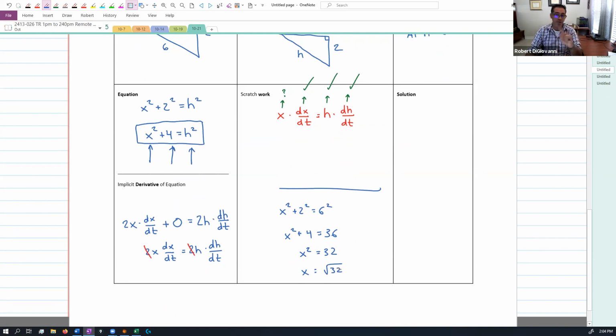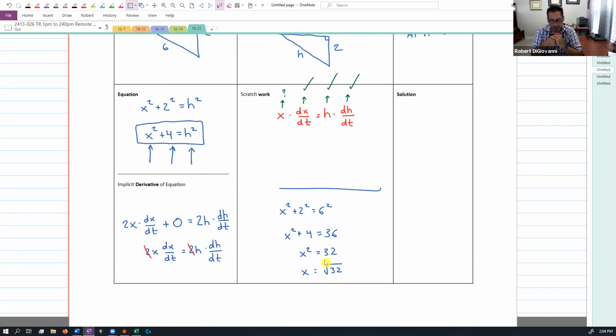Now I should do plus or minus here, but x is a distance on a triangle, so I'm only going to look at the positive answer. It's 4 root 2, if I remember correctly. You can do a little more with that, right? I'm going to leave it as root 32 because it really is not going to matter in the big picture here.